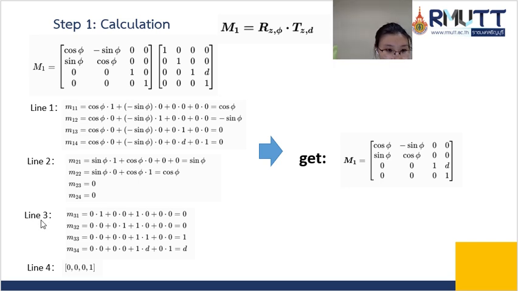And the third row is 0, 0, 1, d. The fourth row is 0, 0, 0, 1. So therefore, we can get the M1 matrix, shown on the right.